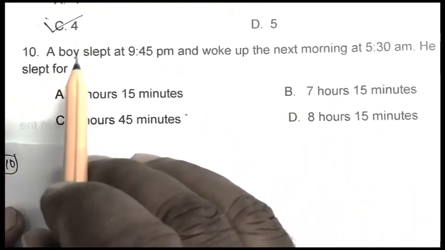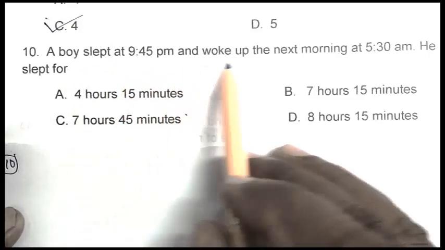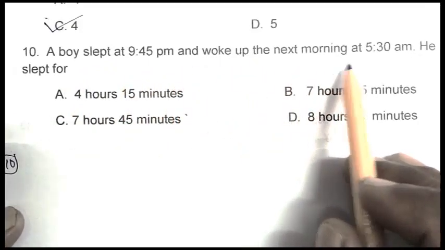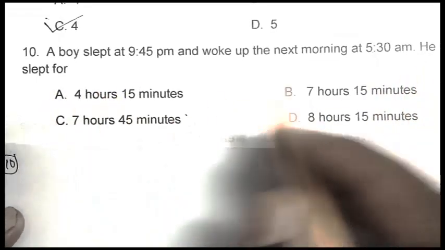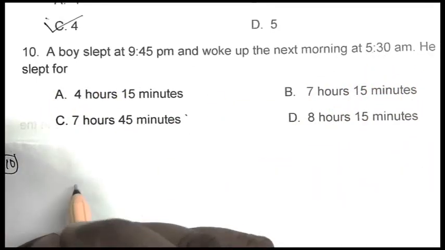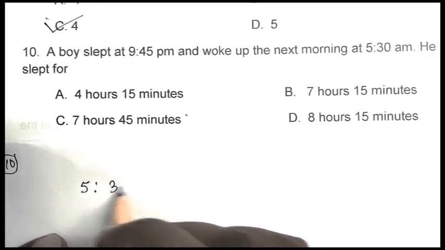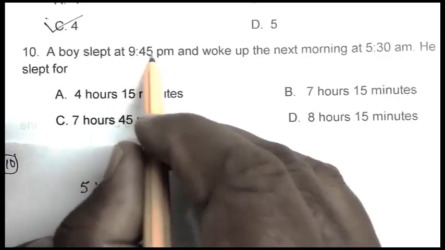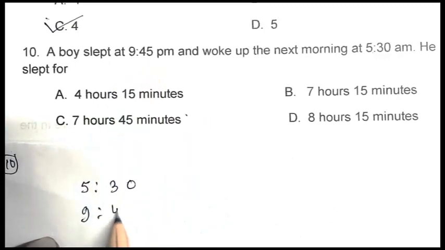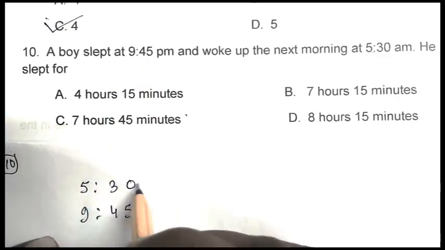Question number 10. A boy slept at 9:45 pm and woke up the next morning at 5:30 am. He slept for how long? He woke up at 5:30 am, and slept at 9:45 pm.